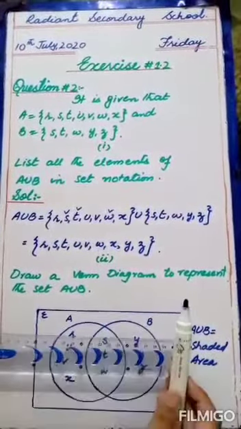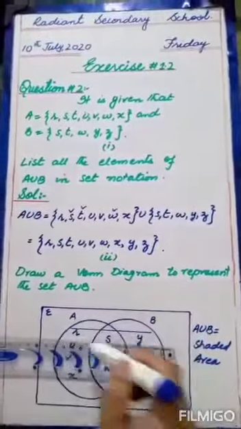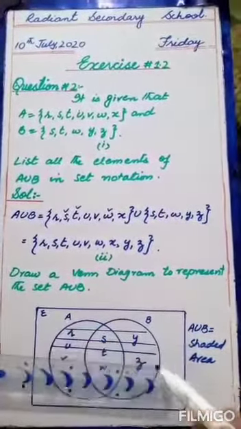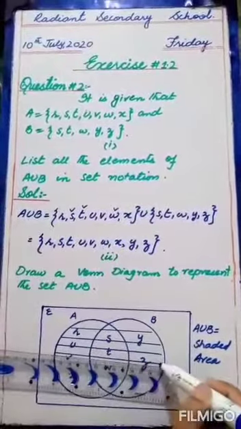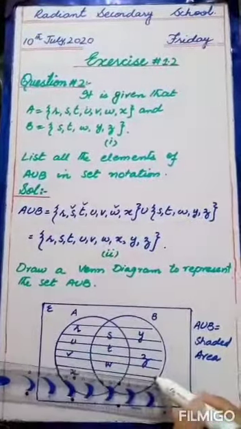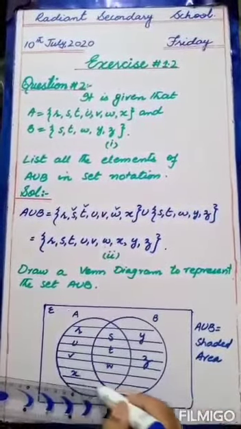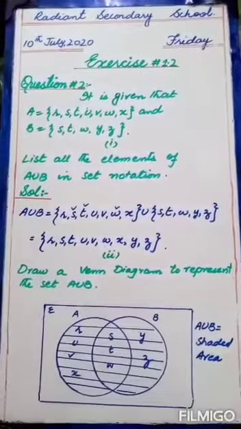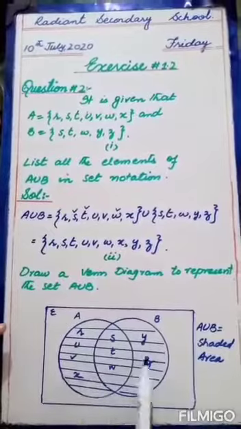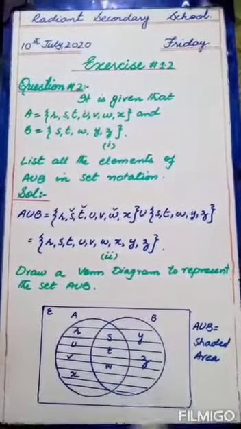Very good. Okay, I am going to shade according to the lines. In this way you can draw the lines or you can do shading. Okay, why I am doing all the area? Because you have to shade the complete area. All the area will be included in set A union B.